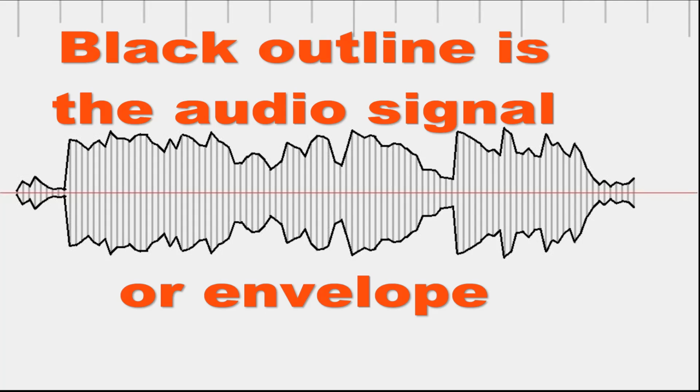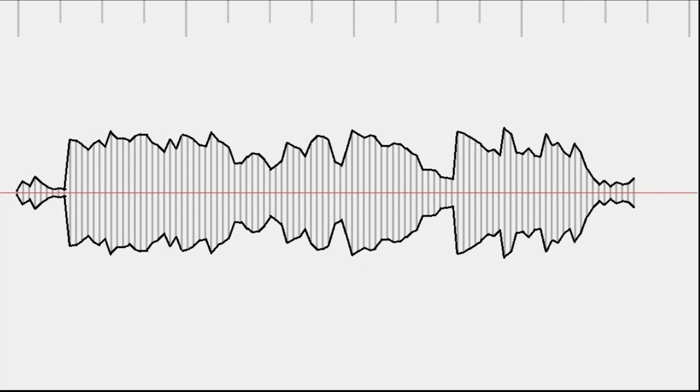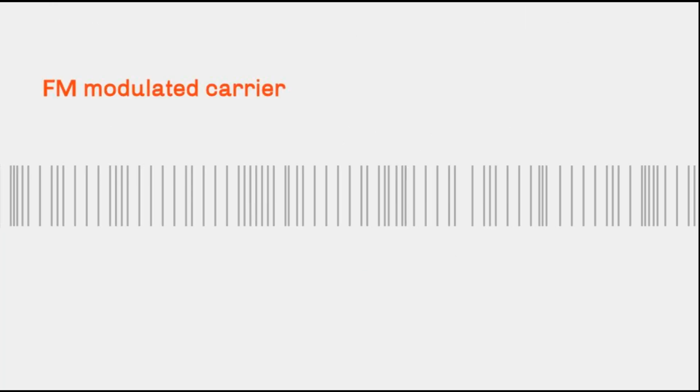If you use FM modulation, you change the frequency of the carrier in accordance with the sound or voice doing the modulation, hence FM or frequency modulation, which is seen as a change in the carrier horizontally.